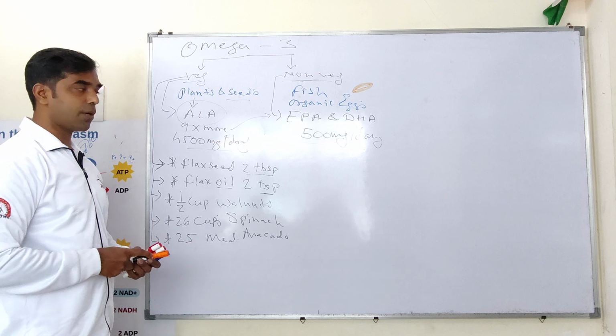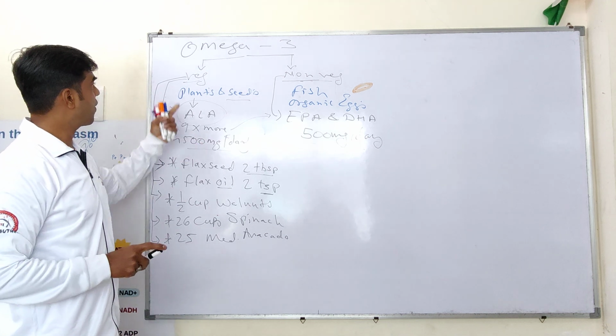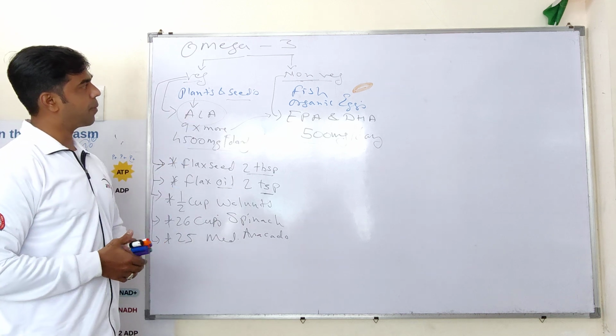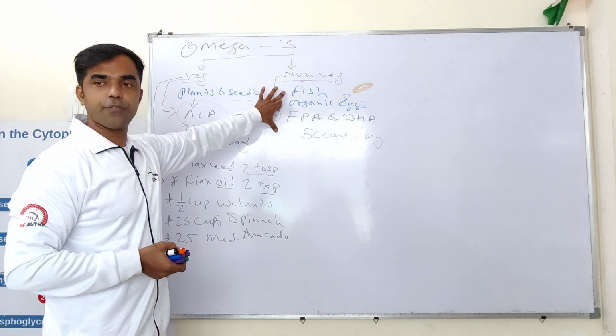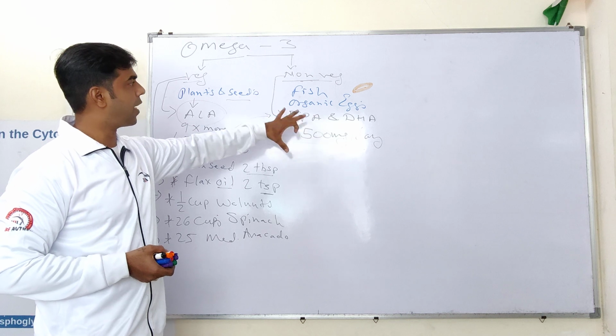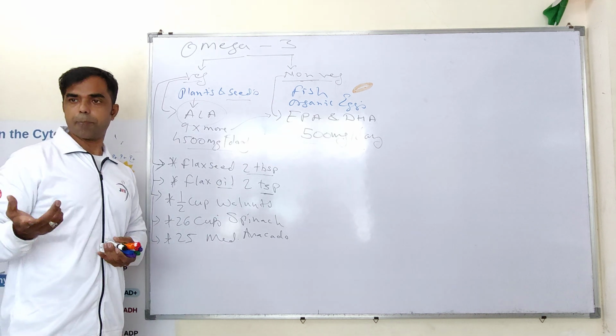So this is a large number, as I mentioned. You need to eat 9 times more if you are vegetarian, right? But the people who are non-vegetarian, they will get it from fish like sardine, mackerel, salmon, right? And organic eggs. And then we have the option called fish oil supplement.